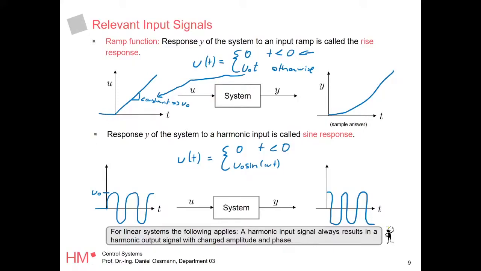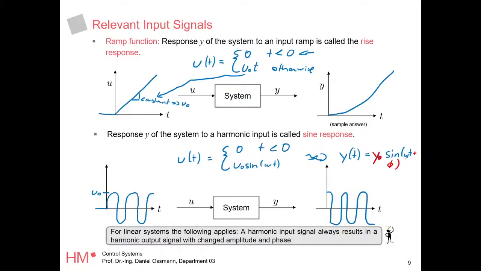Okay, we say our input is this guy, and our output is always also going to be a sine wave with a certain frequency. However, the only thing that can change is the amplitude, right? And now I'm running out of space, and some phase shift.